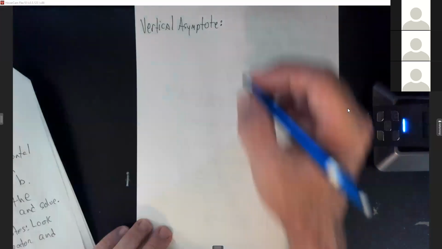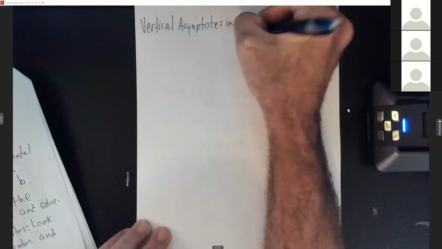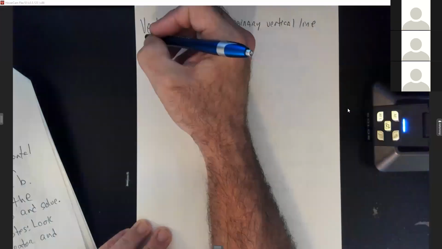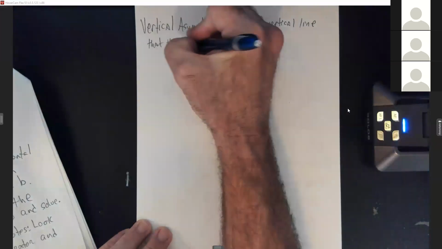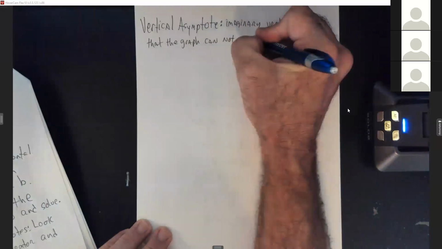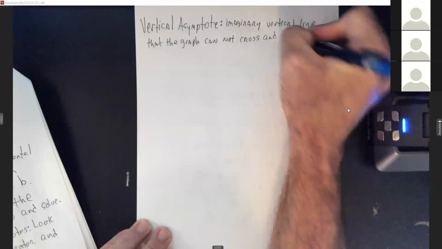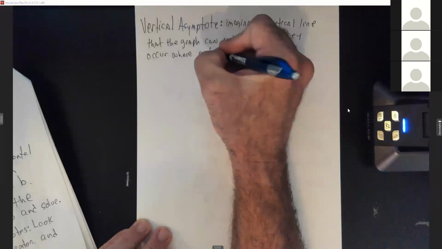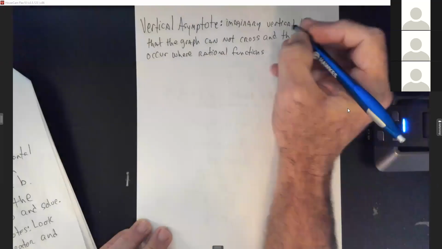So a vertical asymptote is an imaginary vertical line that the graph cannot cross, and they occur where rational functions are undefined.